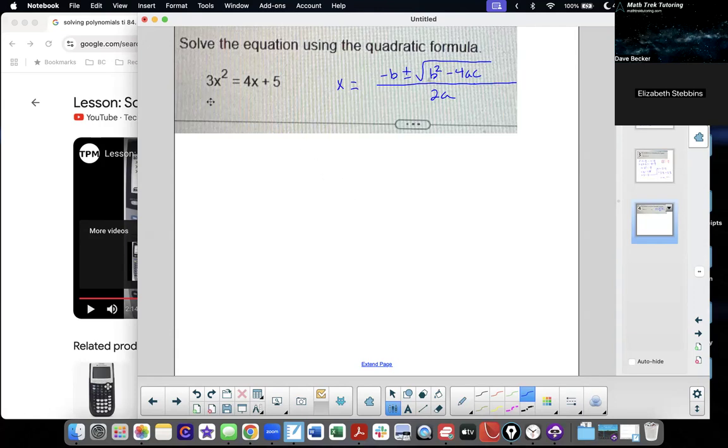Okay. So we need everything on the same side. And then a equals 3, b equals -4, c equals -5. And what your species likes to do is to include the x sometimes. And we never do that, do we? No, I do not. Thank you.